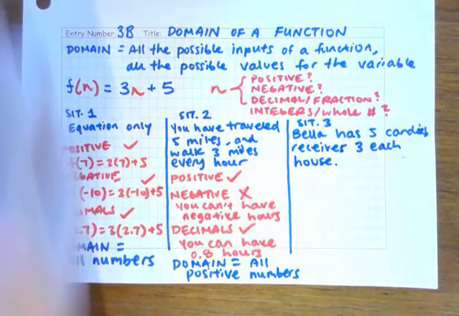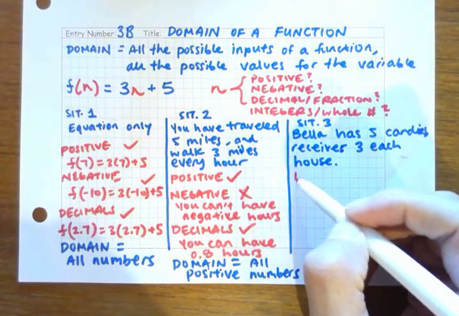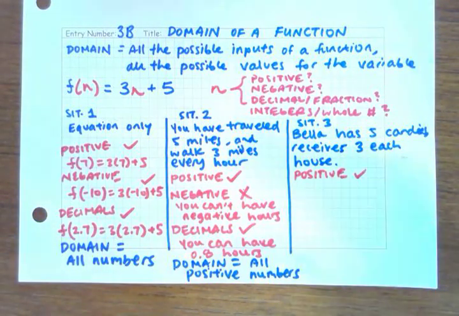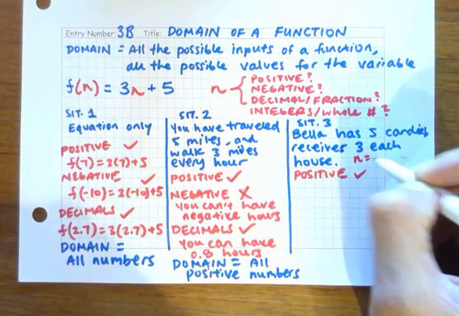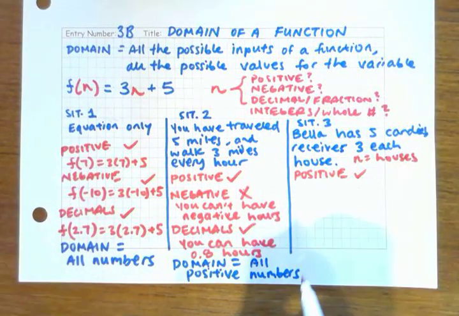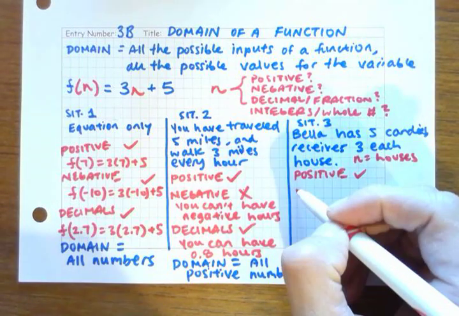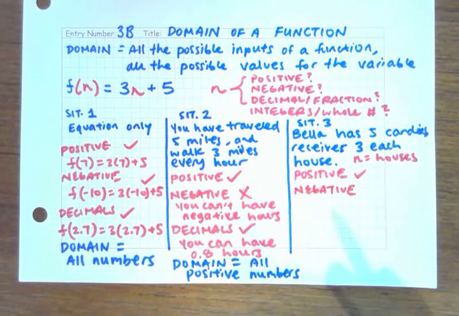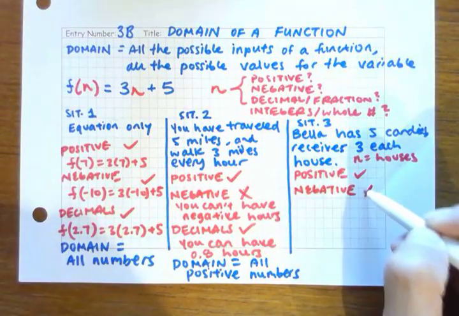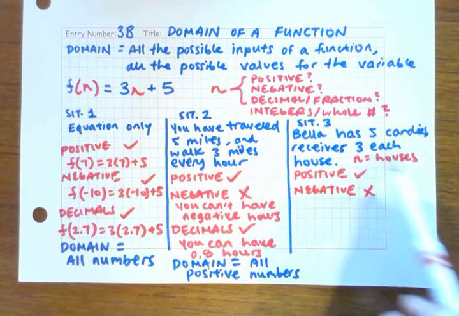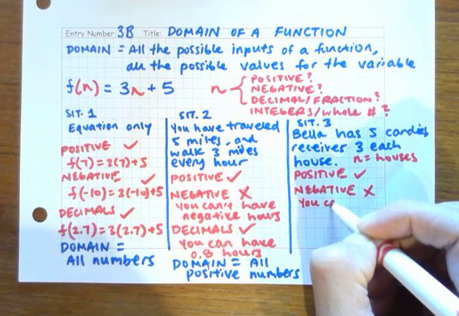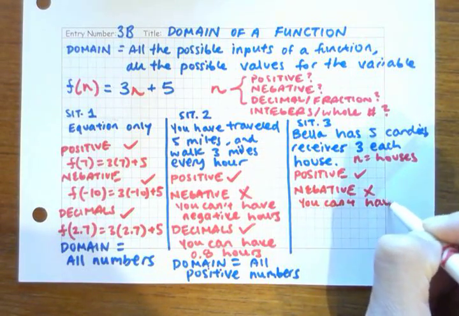So we can go through the same thing. Positive numbers. Yep, positive is the number of houses. So in this case, n equals houses. So she can have a positive number of houses. Can she have negative numbers? No, she can't have a negative value for n because you can't have negative houses.